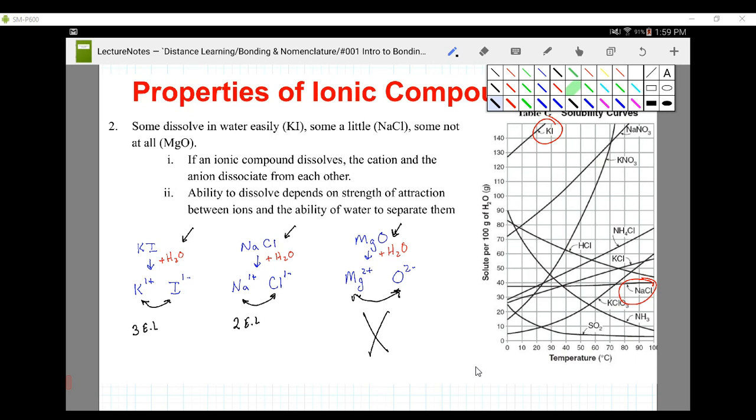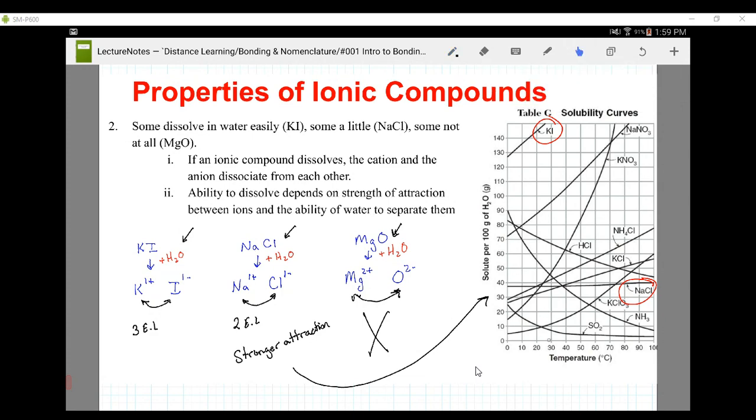So that smaller radius means that the sodium ion can get closer to the chlorine than the potassium can to the iodine, leading to a stronger attraction over here because of the smaller size. And that stronger attraction means that water is going to have a more difficult time dissolving it compared to the potassium and iodine.